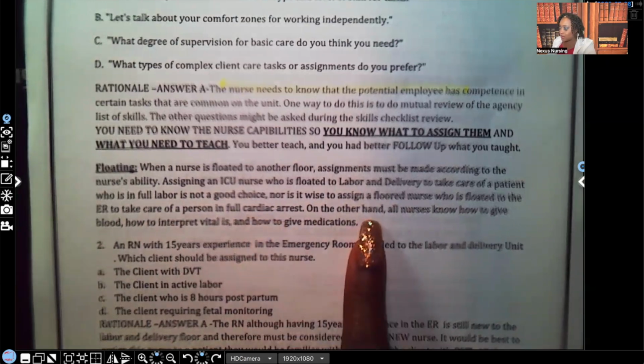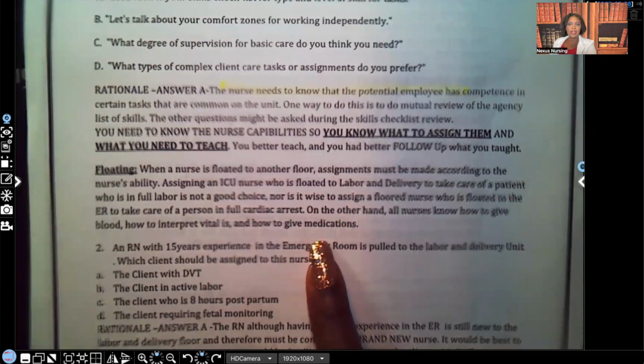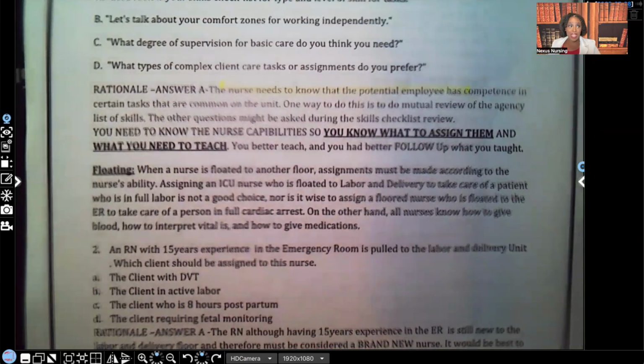On the other hand, all nurses know how to give blood, how to interpret vital signs, and how to give medications. So what is this telling us? This is telling us if you have a nurse that is floating to your floor, always give them the patient that has the most routine tasks that any nurse can do.